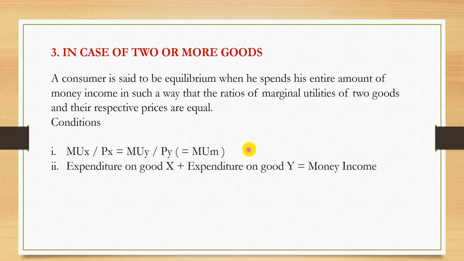So the level of consumption of 2 goods X and Y where the ratios of marginal utilities with their respective prices are equal and the total expenditure on the 2 goods must be equal to money income, because he must spend his entire amount of income. This will be clear to us if we consider the following example.